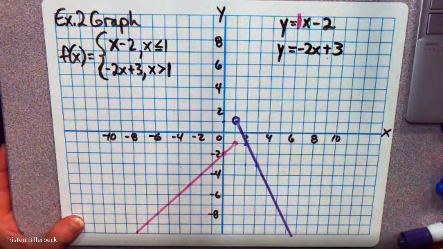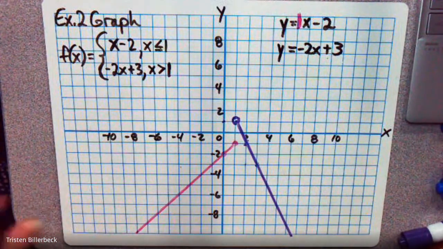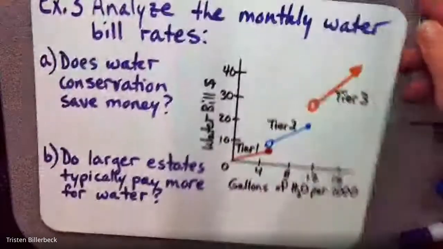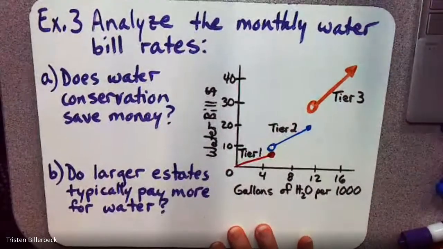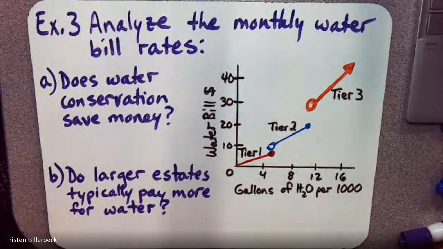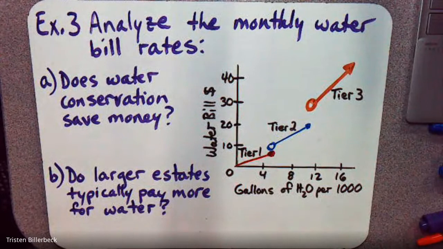All right, so you're probably wondering, why do I need to learn piecewise functions? Well, your parents, if they are paying water bills, okay, and energy bills, you know, we pay SMUD bills in Sacramento.